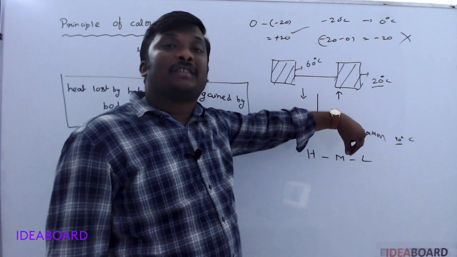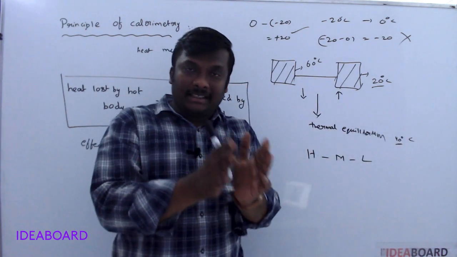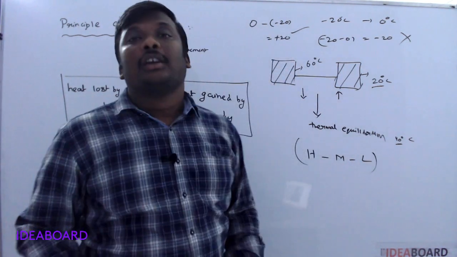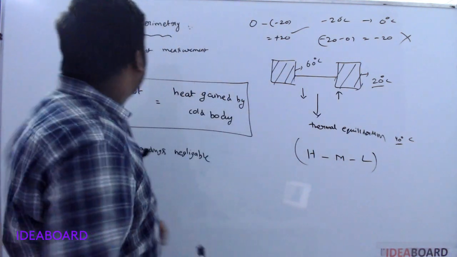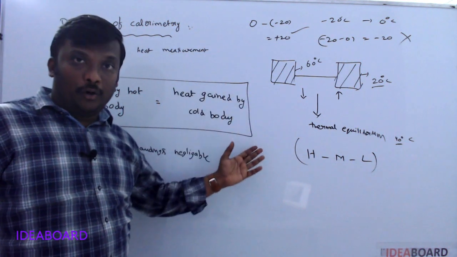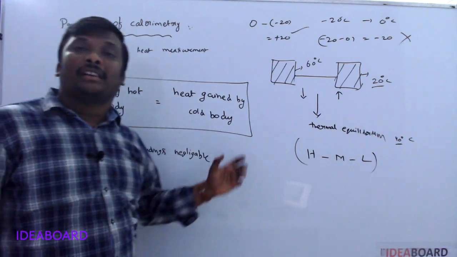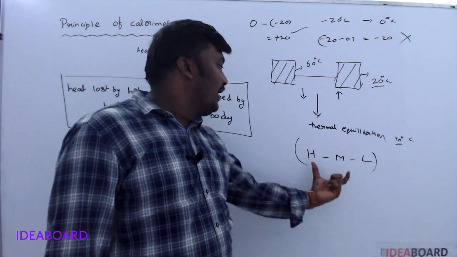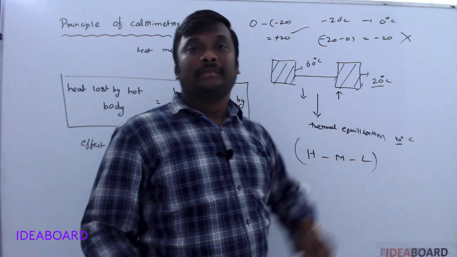And for the cold body, M minus L. HML, HML: H minus M or M minus L. This shortcut is useful for doing numericals related to calorimetry. Okay, so what is the principle of calorimetry? The heat lost by the hot body is equal to the heat gained by the cold body until they attain thermal equilibrium, and the effect of surroundings is negligible. Temperature difference should be positive, and the shortcut for measuring the temperature difference is H minus M, M minus L.